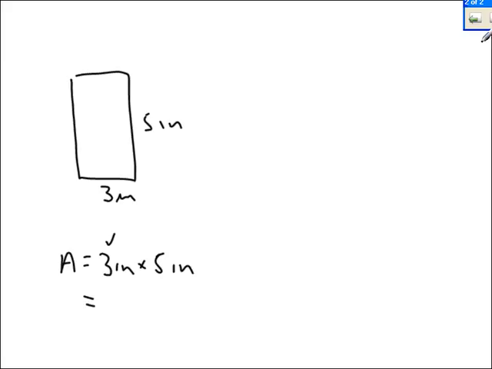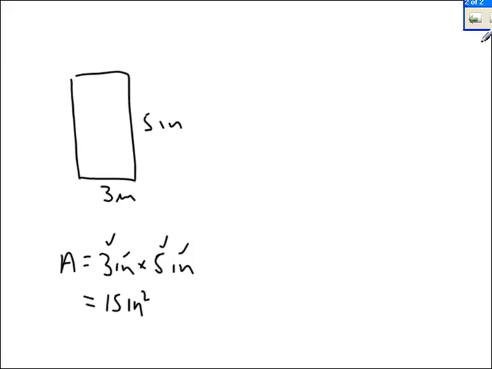We all know that 3 times 5 is 15. But just like 7 times 7 is not 7, and x times x is not x, inch times inch is not inch. It's square inches.